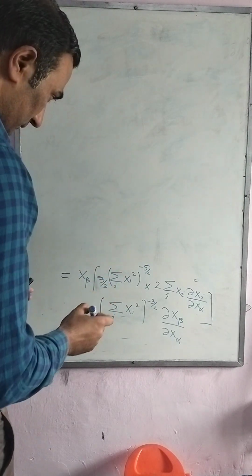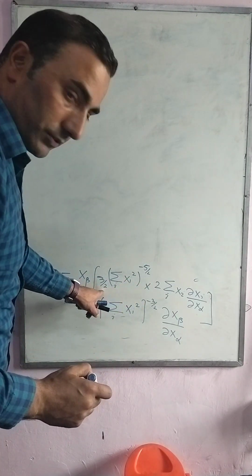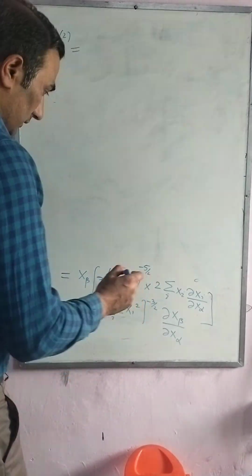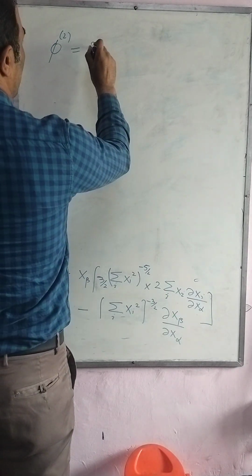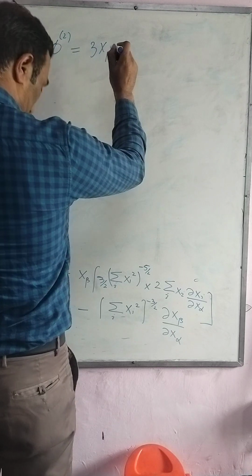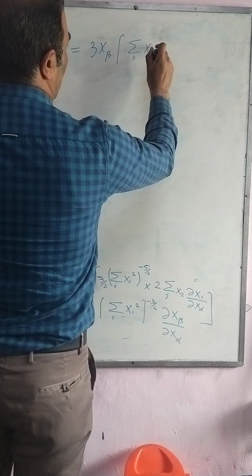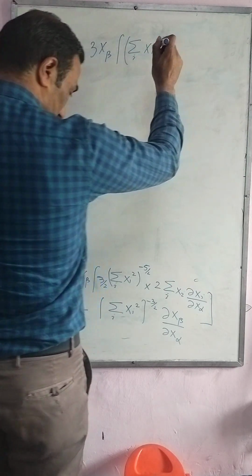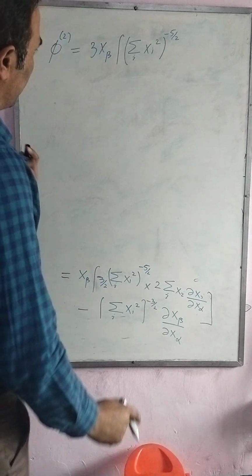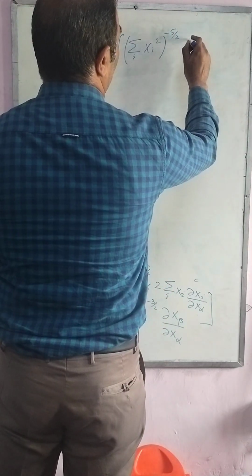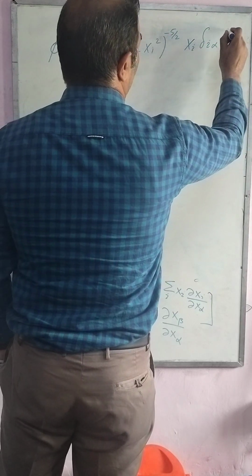So that's equal to, so this will be here 3 will cancel, 2 will cancel with this one because this 3 by 2 is 3, so 2 will cancel, and I will get here summation over i, that is 3x beta, okay, and inside will be summation over xi square raised power minus 5 by 2, and now xi, and this term will be delta of i alpha, right?